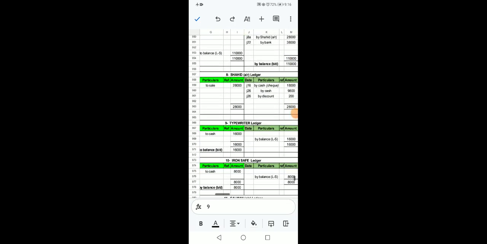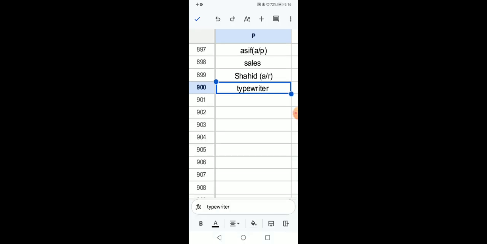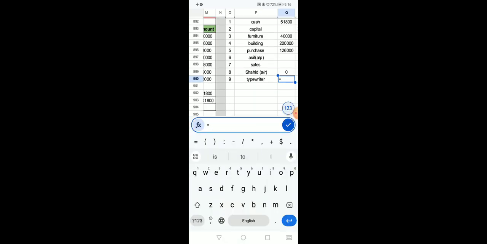Now we will see the ninth ledger. First we will see its title, that is typewriter. So go and write typewriter in the title column. Now we will see where the balance of typewriter is brought down.